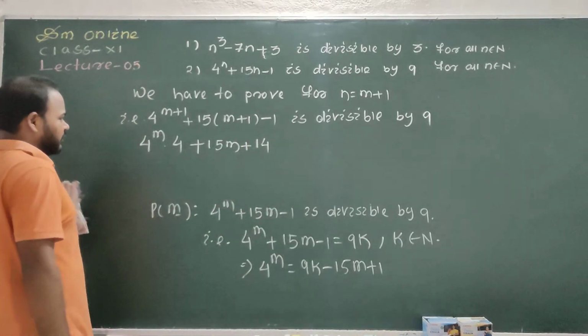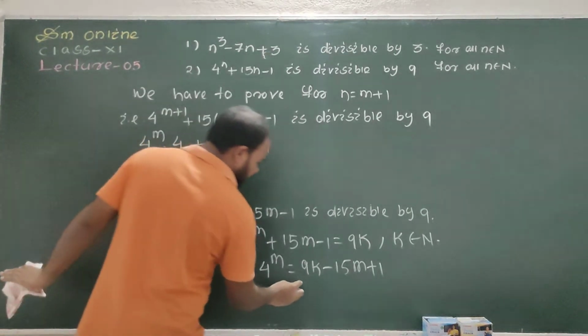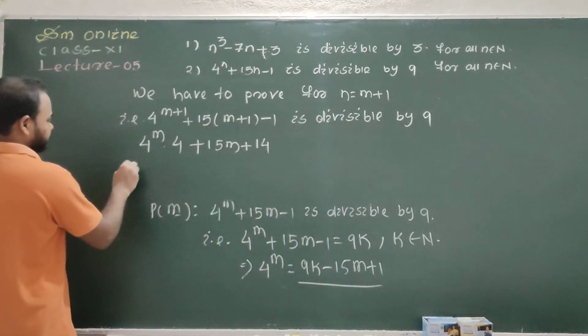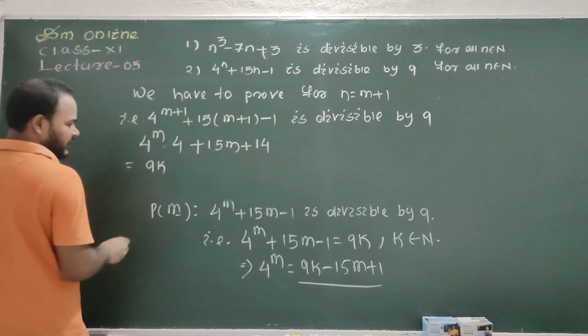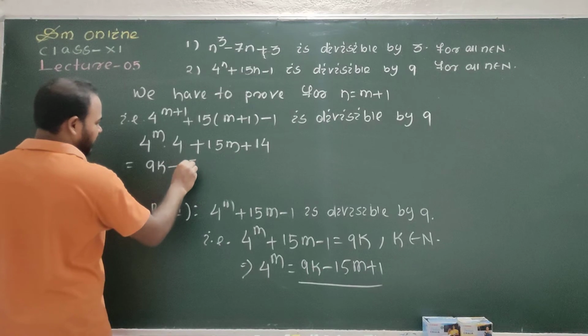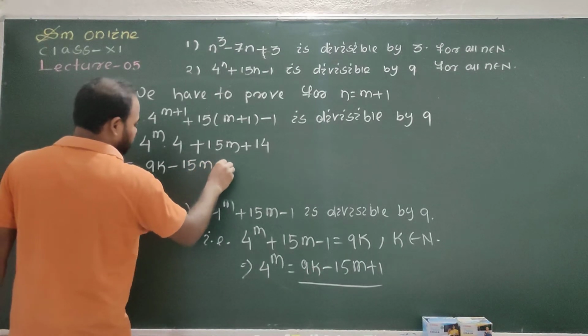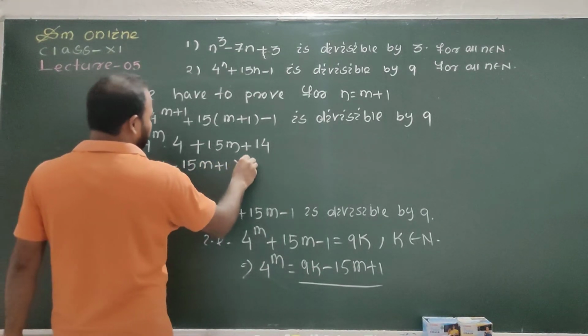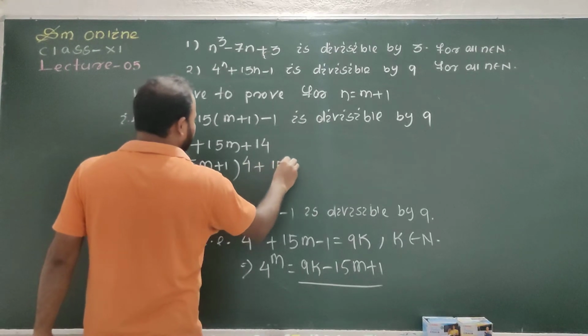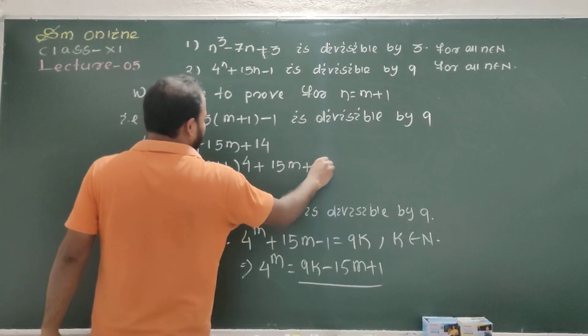Now the value of 4 to the power m is 9k minus 15m plus 1, into 4, plus 15m plus 14.